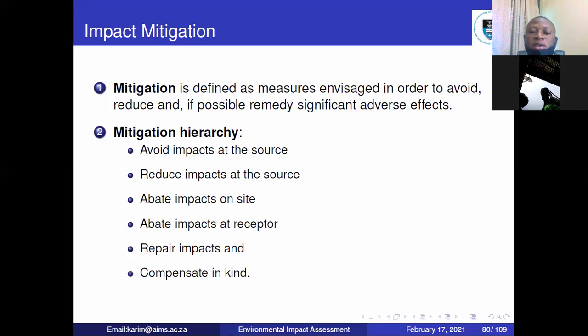You can reduce it. You can remedy the impact. You can avoid it. These are the reasons why we try to mitigate.